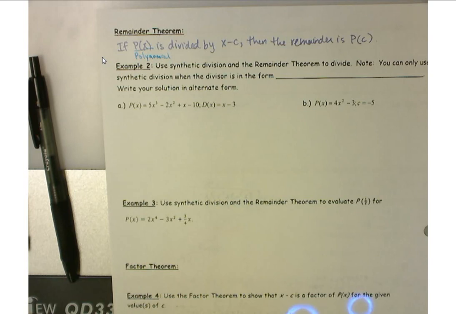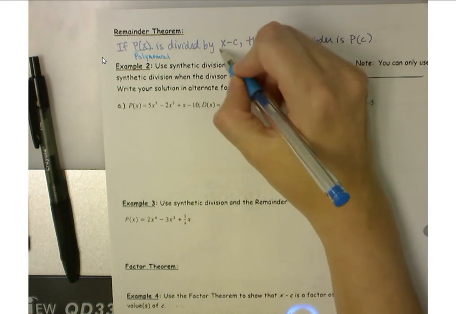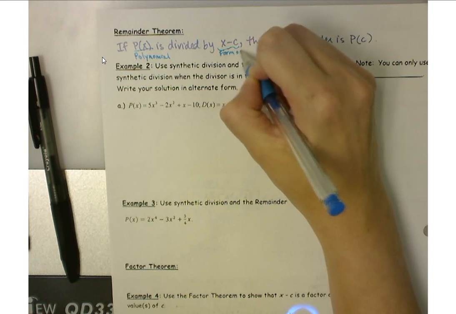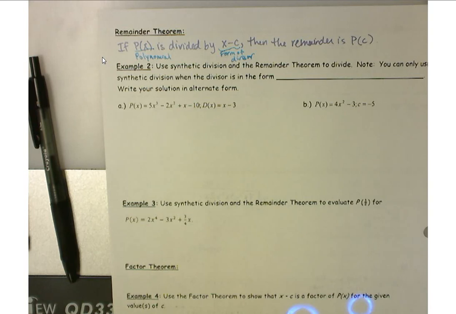Right? So if you have a polynomial that's divided by x minus c, okay, x minus c is just a particular form of a divisor. Okay, so P of x is divided by x minus c. That's a form of a divisor. We're going to talk about what that form is.